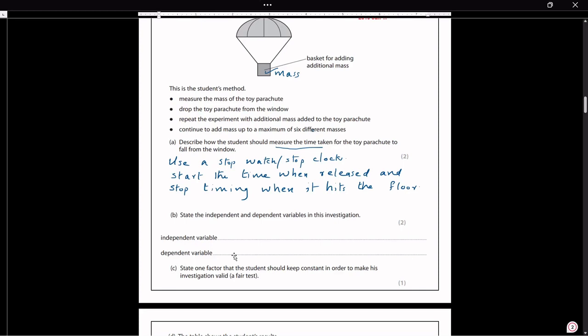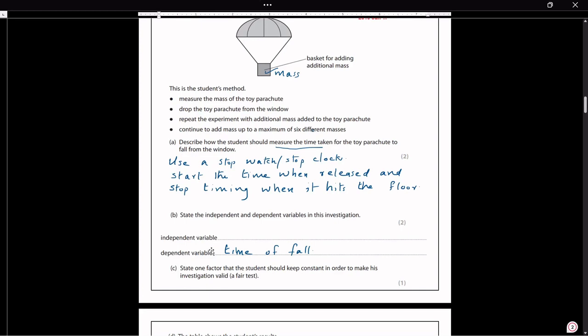The dependent variable is what we measure as the final output from the experiment. Here the dependent variable is the time taken for the fall, the time of fall.